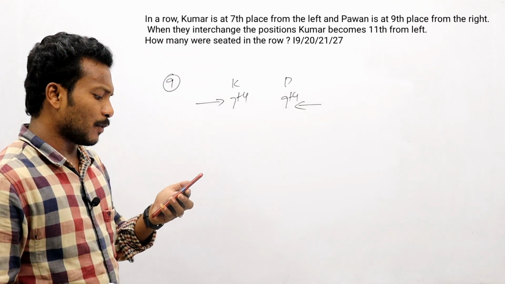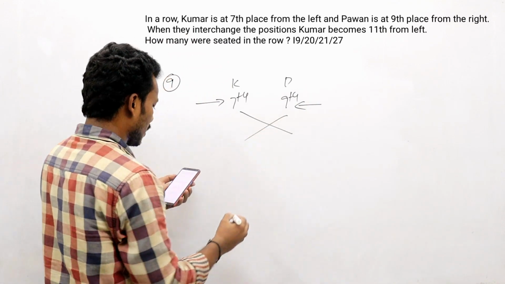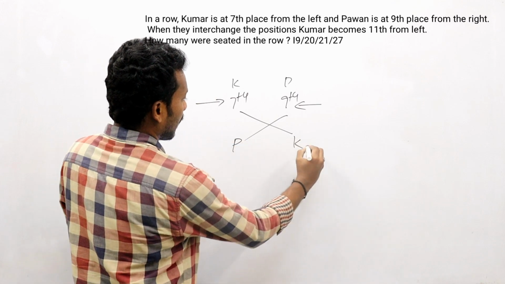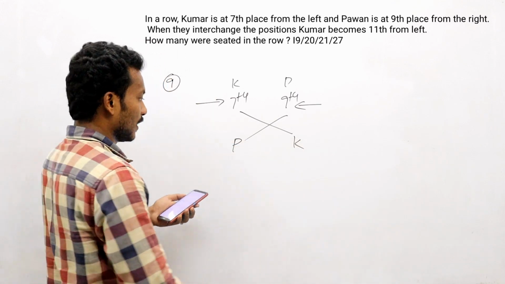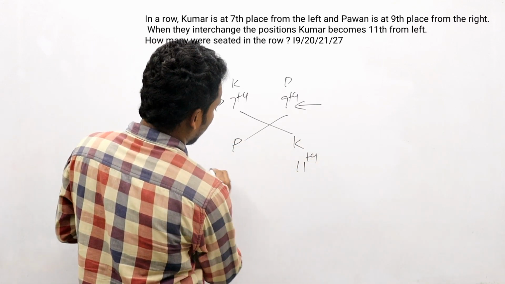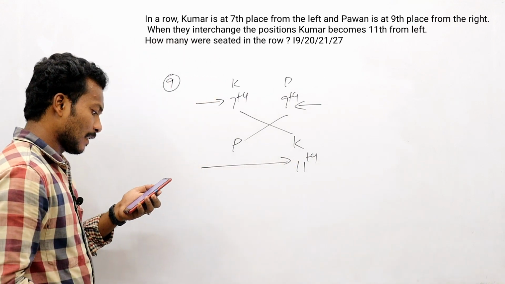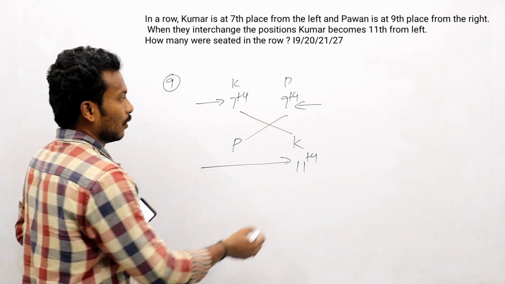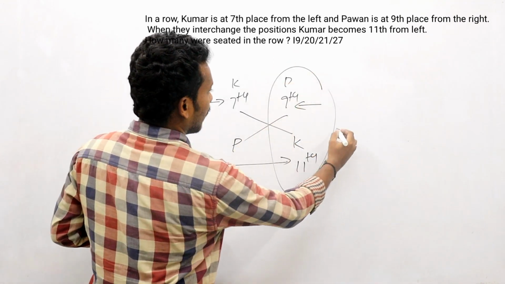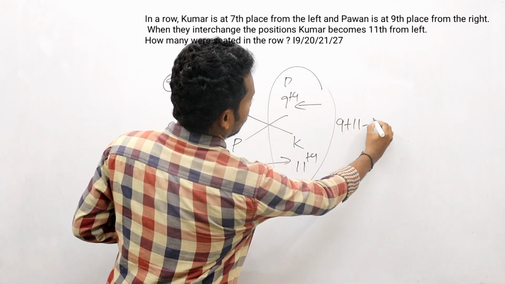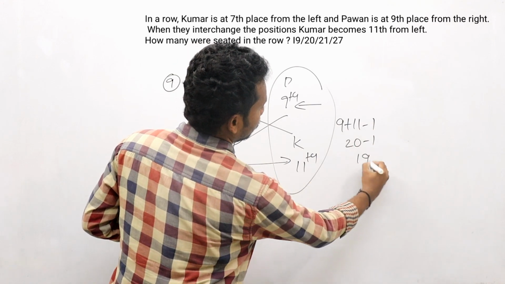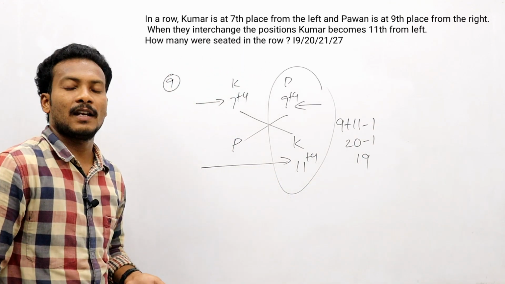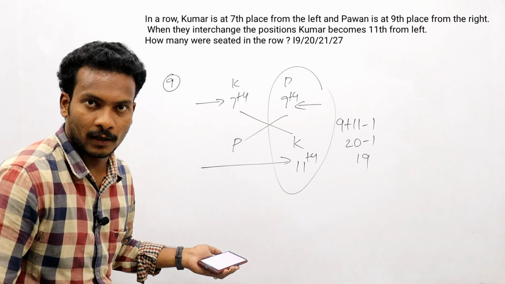When they interchange their positions, now here it is P, here it is K position. Kumar becomes 11th from the left. Now he is asking how many were seated in the row. For finding the row, this is the same method: 9 plus 11 minus 1, 20 minus 1, getting 19 as our required answer. Okay, right?